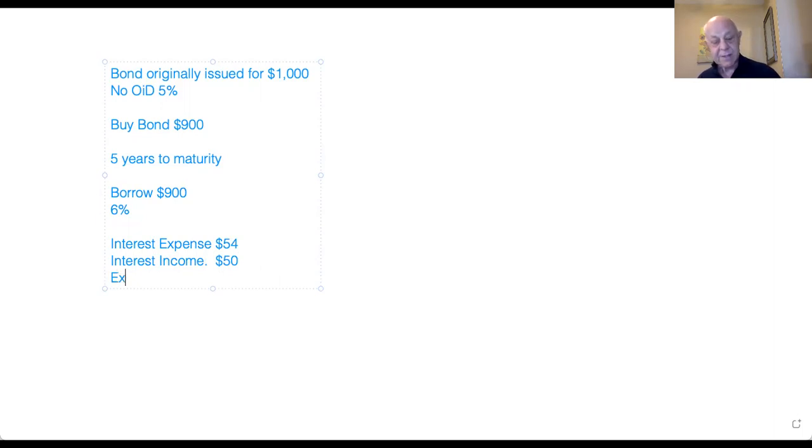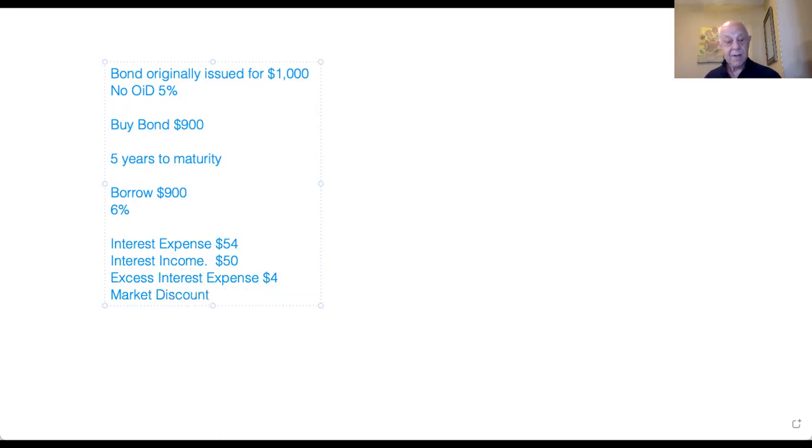Now I have excess interest expense. And Congress says, compare your excess interest expense. So my excess interest expense is $4. I say, how much market discount accrued during that year?